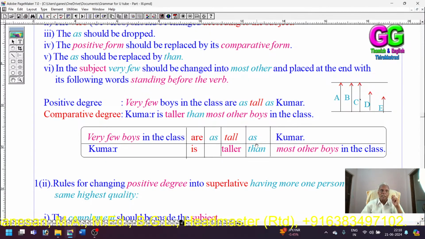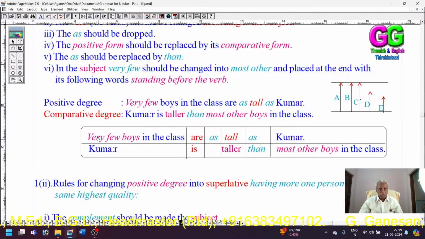Fifthly, the second scale of the positive degree, as, is replaced by the comparative scale, than. Sixthly, the very few in the subject is replaced by most other, and the remaining parts of the subject are brought out as the complement.